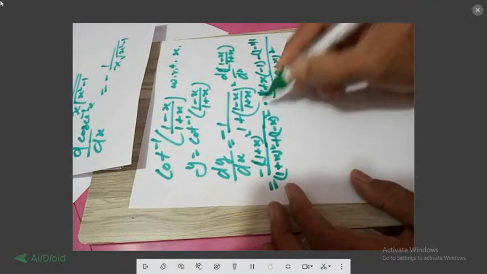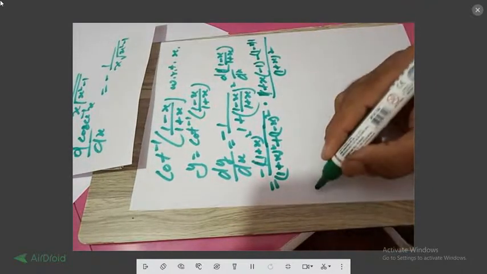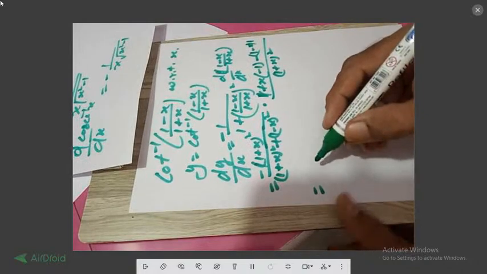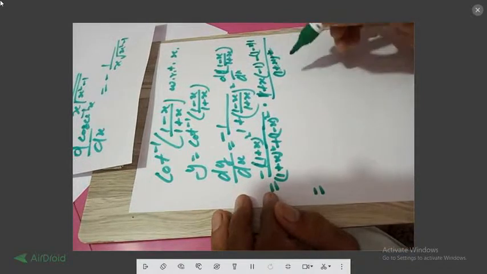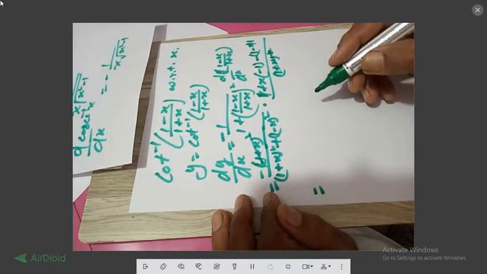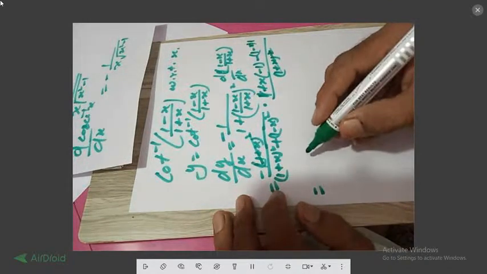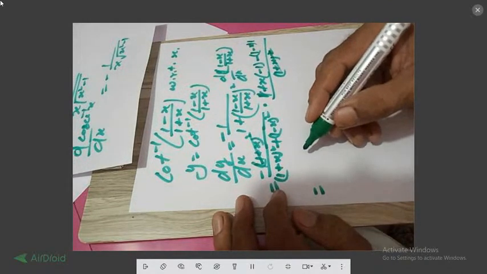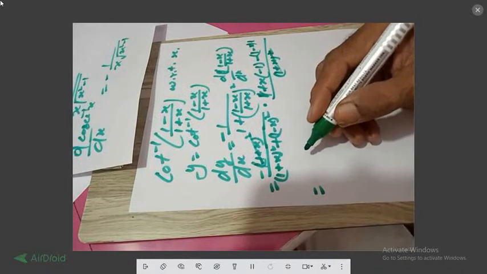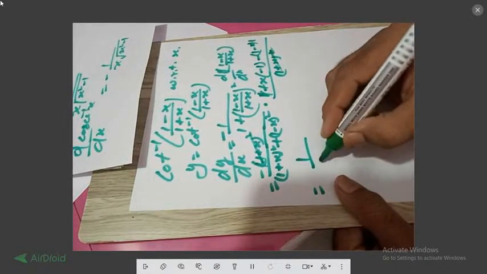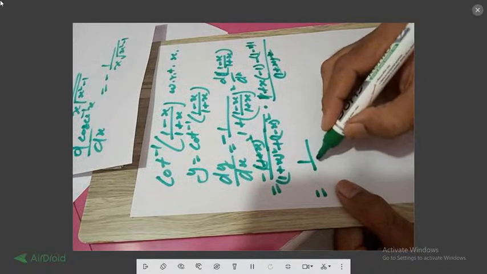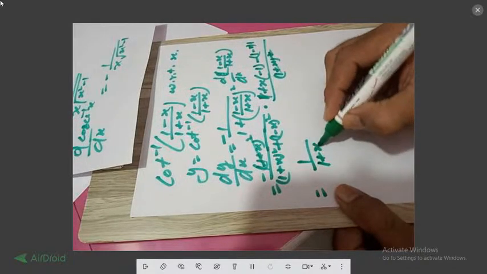These are multiplied with each other, and now this cancels, only the minus sign is left here, and this is multiplied by 1 plus x square.